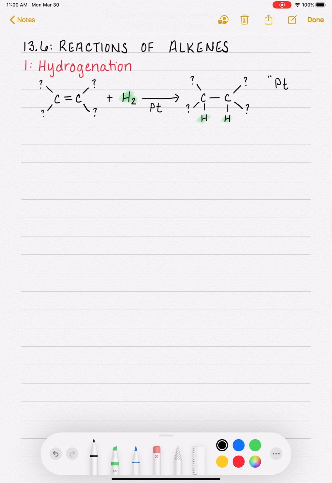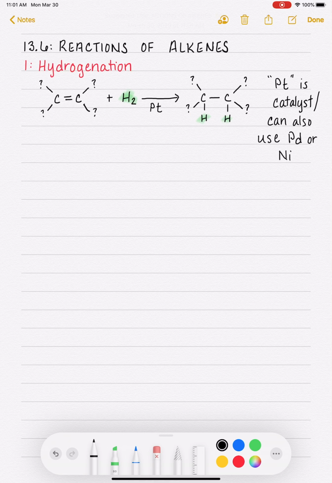Pt is catalyst. That's the symbol. Pt is the atomic symbol for platinum, which is a common catalyst for this. You can also use palladium, which is Pd, or nickel, which is Ni, and you're always going to see them written underneath the arrow. So what we just drew here is just a really generic version of this reaction.